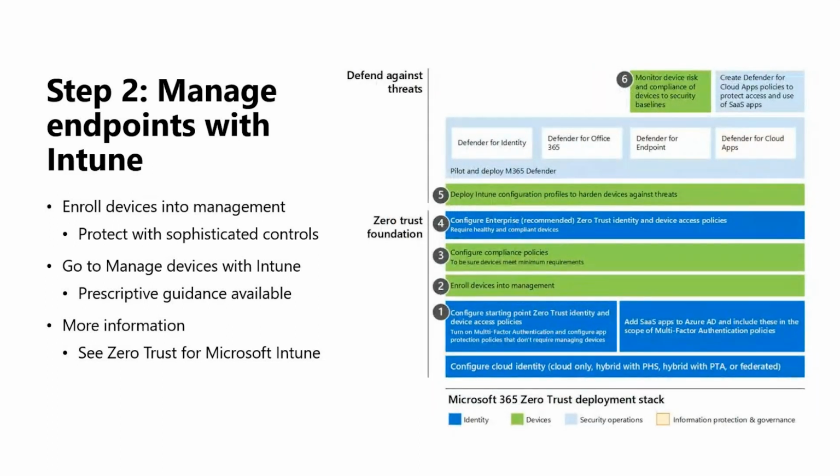Managing endpoints with Intune, there are of course some steps. Configuring these starting point policies. After that, we enroll devices into management, configure these policies, and set up these three-tier policies, which is very important. Without these policies, we can't talk about zero trust.